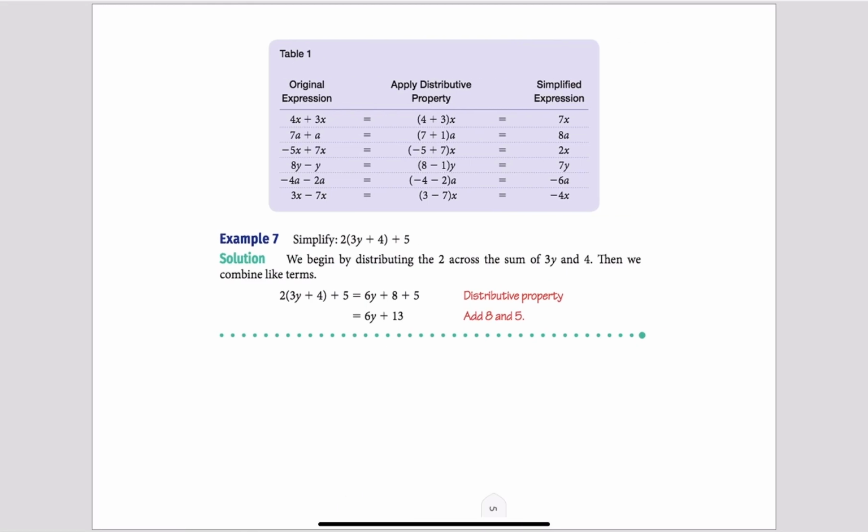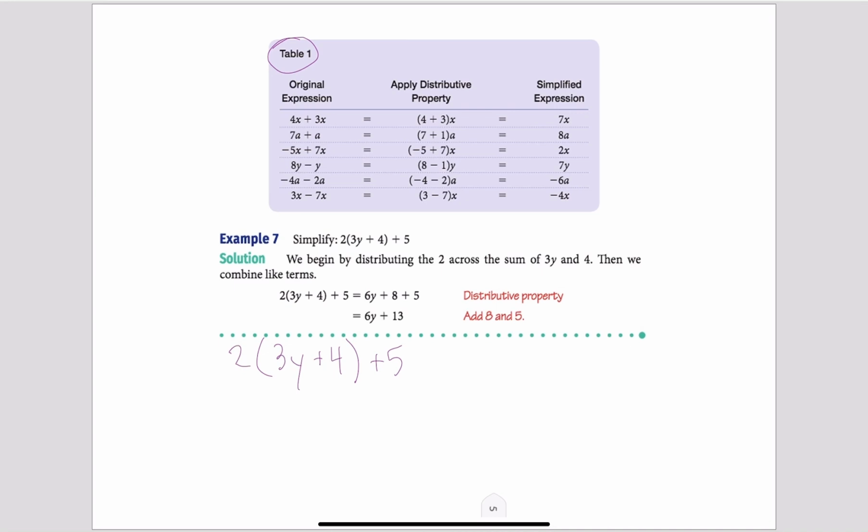So here's table 1. You can see it's just a list of different ways to think about the distributive property applying. And let's look at this example here. 2 times 3y plus 4, plus 5.